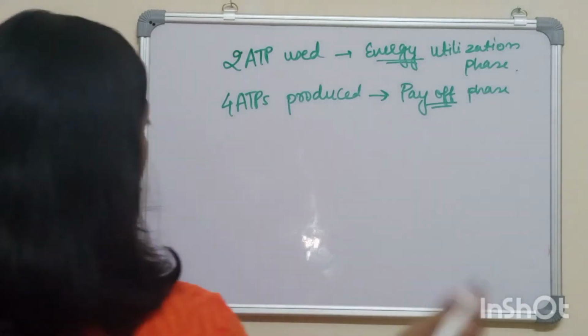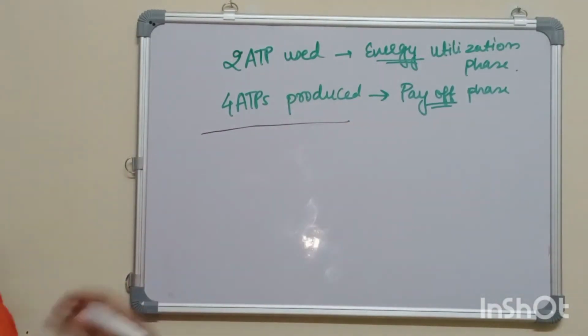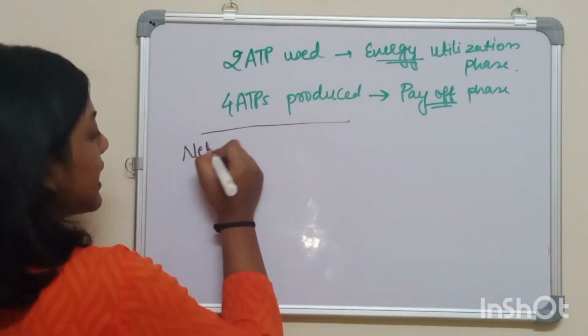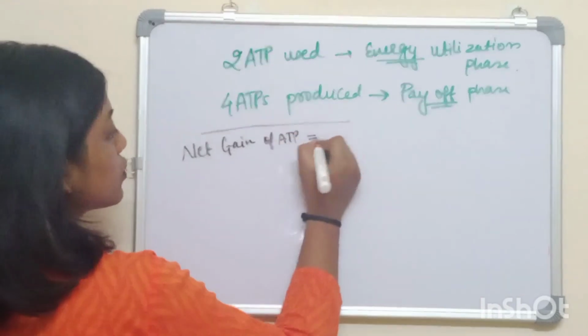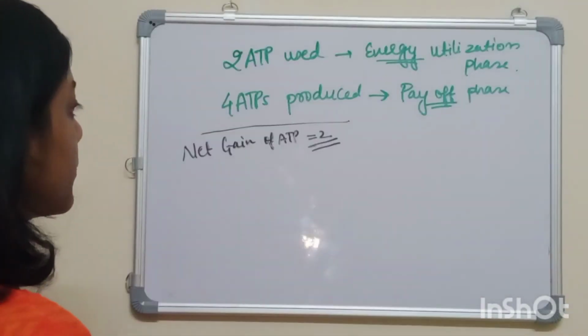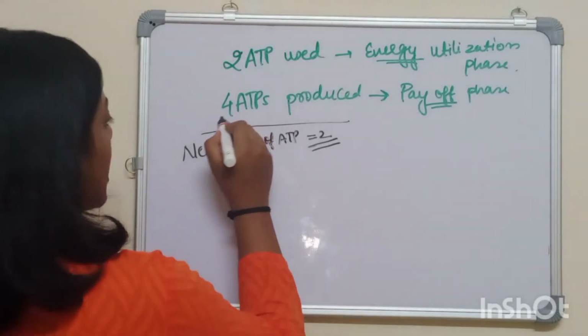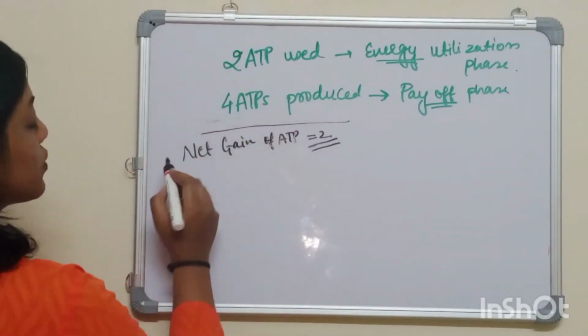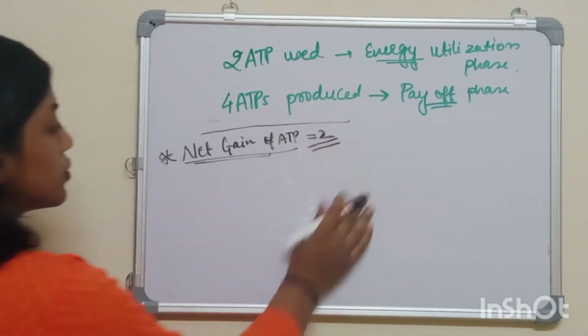So the net gain of ATP is what? 4 ATPs are produced but 2 ATPs are used, so the net gain of ATP is 2. 4 minus 2 is 2. If it is only asked how many ATPs are produced, then you have to answer 4. But if it is asked what is the net gain of ATPs in glycolysis, the answer will be 2.